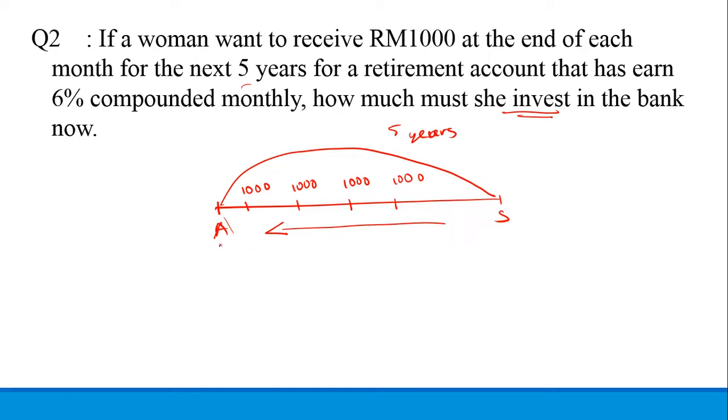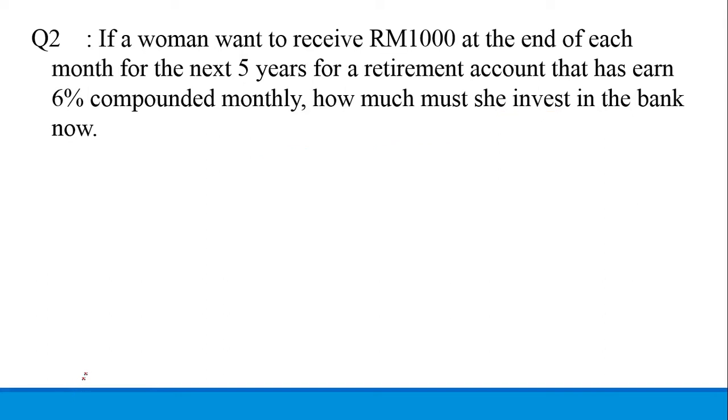In this case we want to find what A is. So what we will do first, I find I equal to R divided by M, which is 0.06 divided by 12, compounded monthly.